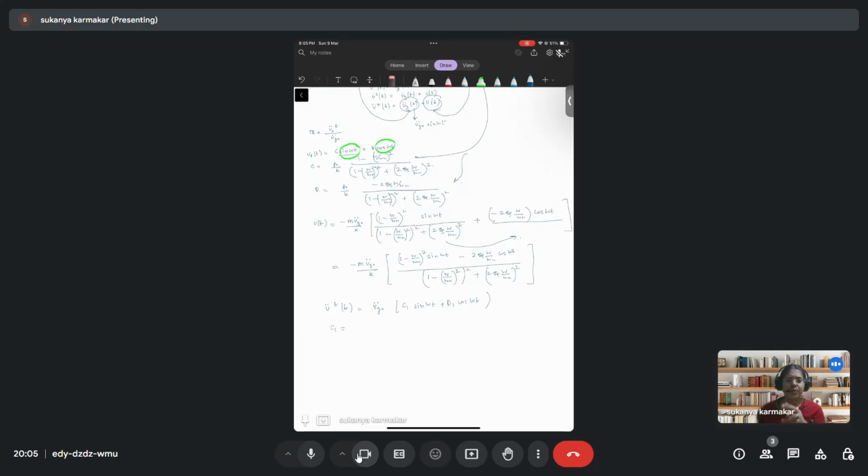For this you can use some symbolic tools like available on internet, or you can use MATLAB to carry out the differentiation, or you can do by hand, whatever is convenient for you.